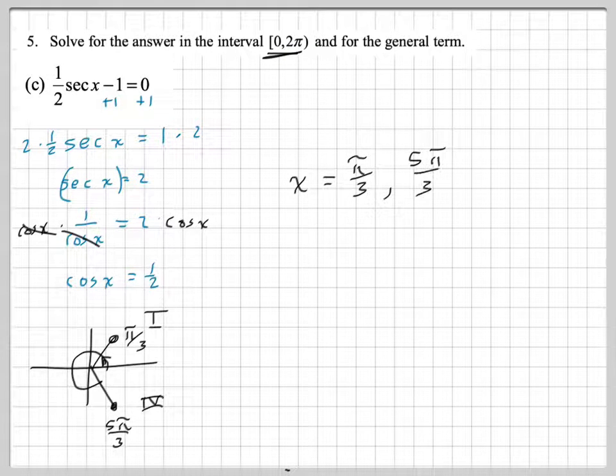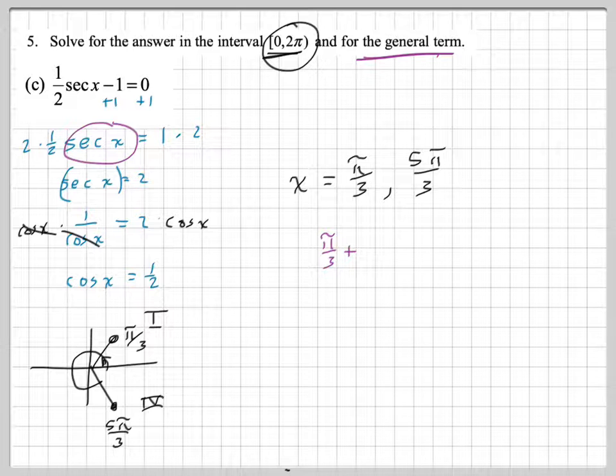And so our answer for this part, just 0 to 2 pi, would be pi over 3 and 5 pi over 3. Now, if you want the general term, which is what the other one asks, you would take the answer and add the period times n. Since there's nothing multiplying the x, the period is still 2 pi.